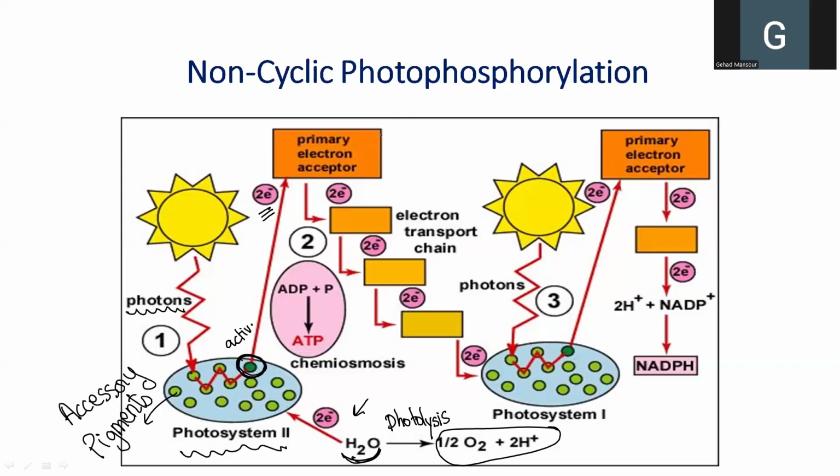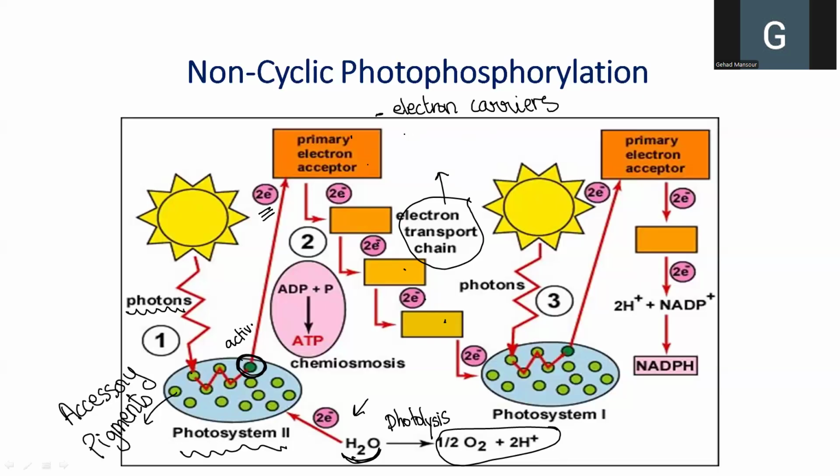When electrons leave the chlorophyll molecule, they are received by a molecule that is called the primary electron acceptor. And then this primary electron acceptor will transfer the electrons to the subsequent electron carriers in the electron transport chain. And we will see that they are not merely electron transport molecules, but they are also proton pumpers. So these electron acceptors in the electron transport chain act as electron carriers.